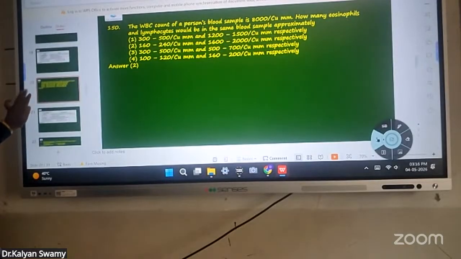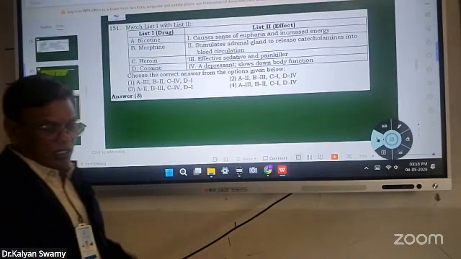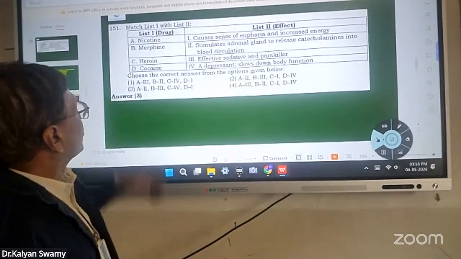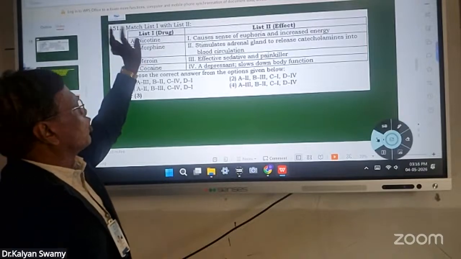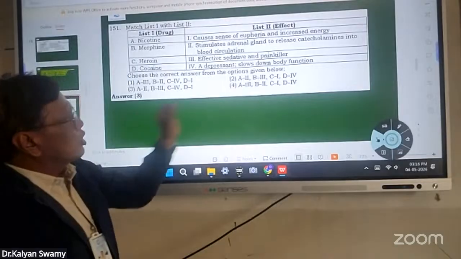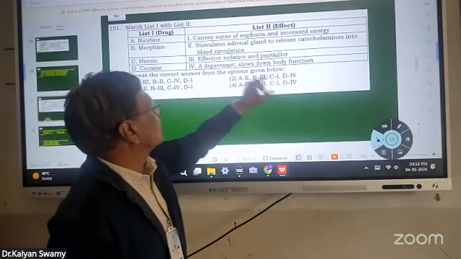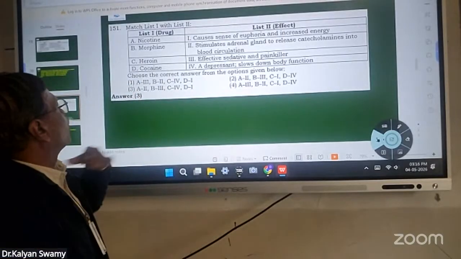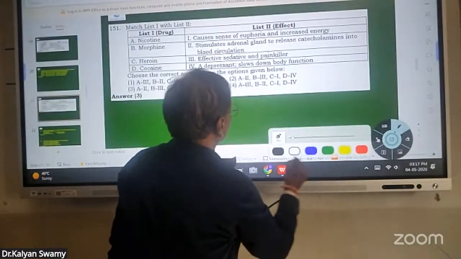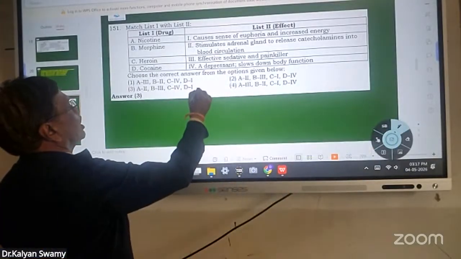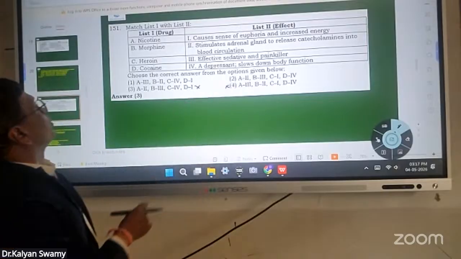Okay. Then coming again a matching type of question. It is with regard to health and disease, alcohol and drug abuse. Here nicotine present in cigarette smoke stimulates the adrenal gland and releases adrenal gland hormones. This is well known to us. A2. A2 means immediately we can strike off the third and fourth.